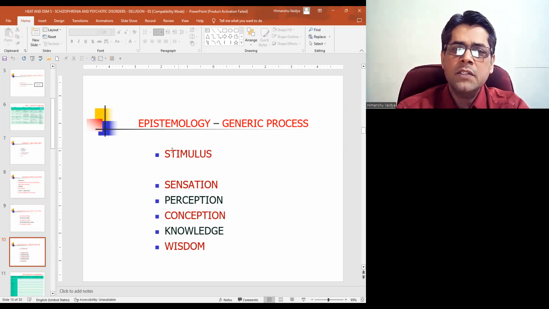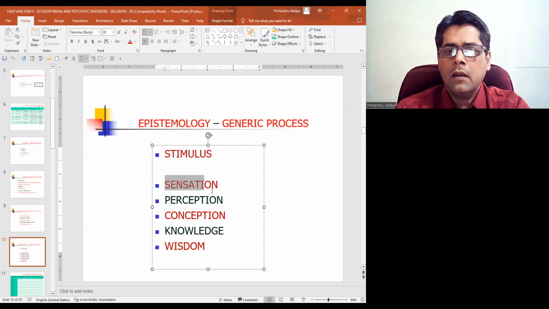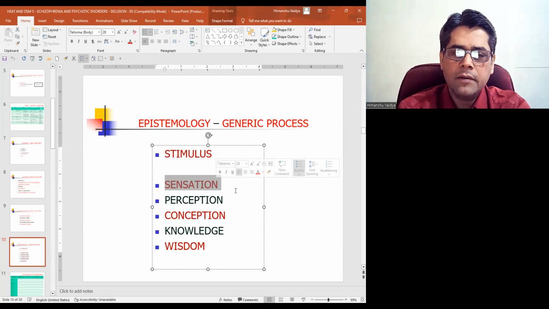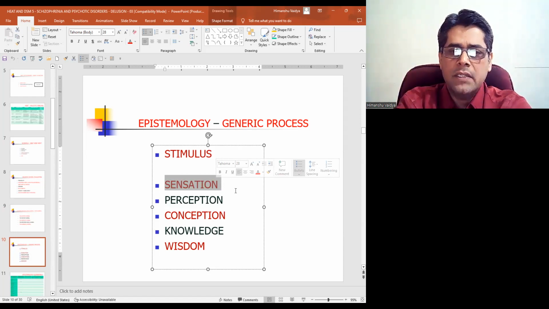So that becomes a stimulus. Let us say he is looking at the poster from 5 feet, and all the stimuli come into him and are coordinated together in terms of a sensation.